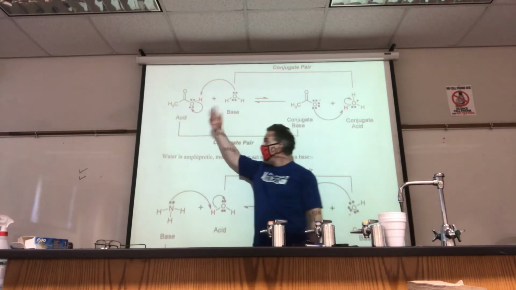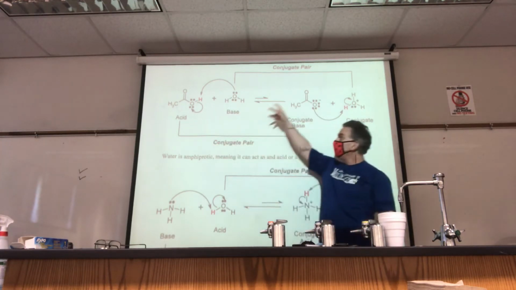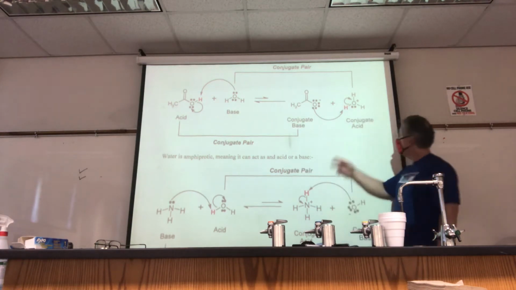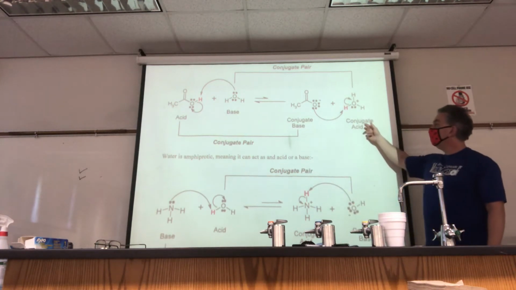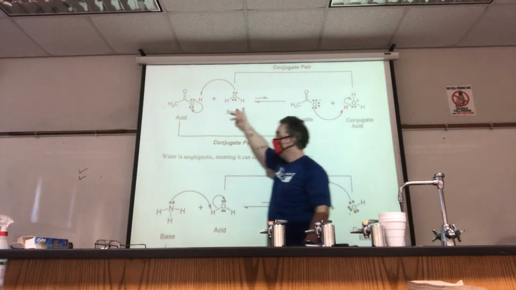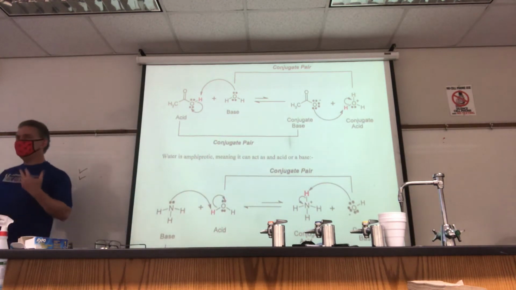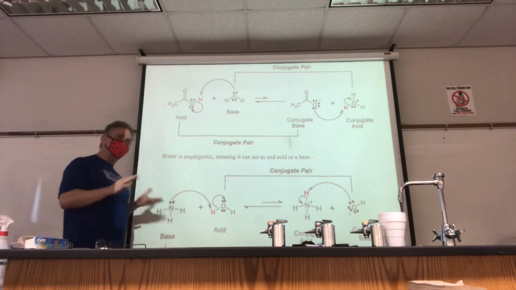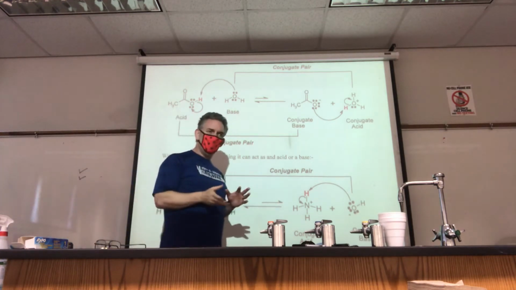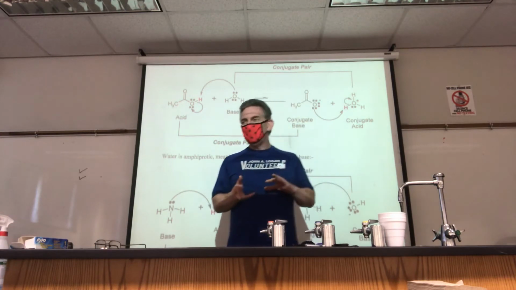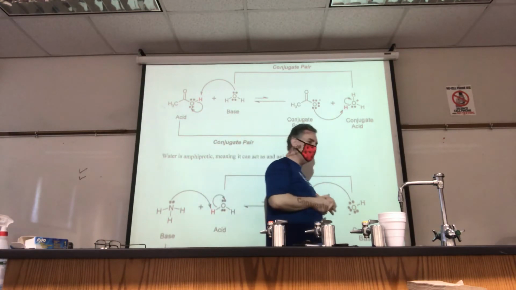So if we have a weak acid, it means we must have a strong conjugate base. Or if we have a strong acid, it has a weak conjugate base comparatively. One of them is an acid, one of them is a base, but only one of them can be good at their job because they're part of the two competing reactions in the equilibrium mixture.